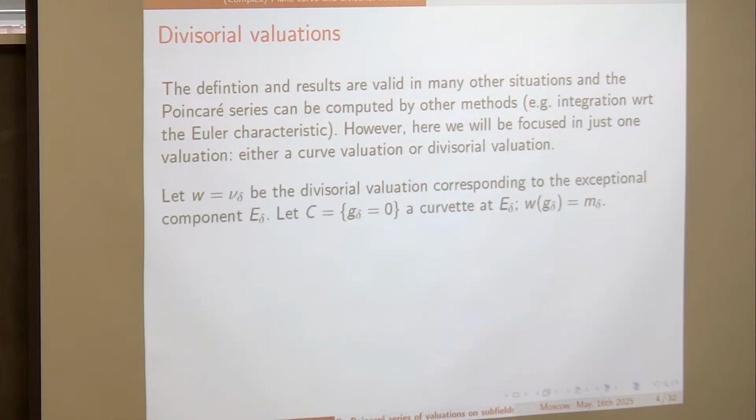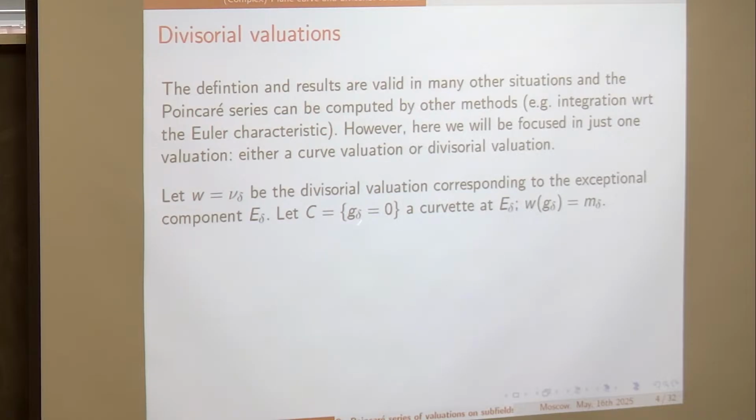A divisorial valuation is defined as follows: if you take some modification of the plane by blow-ups, you take one irreducible component of the divisor, and you take the valuation defined by this divisor. That means you take the pullback of any function. This is 0 along this divisor, and the order of vanishing is the value.